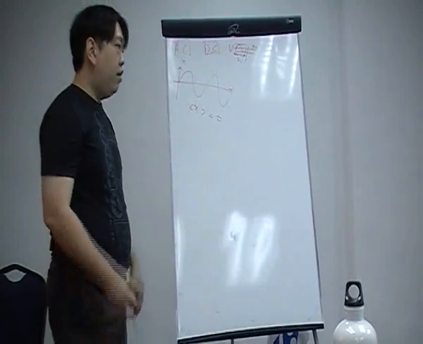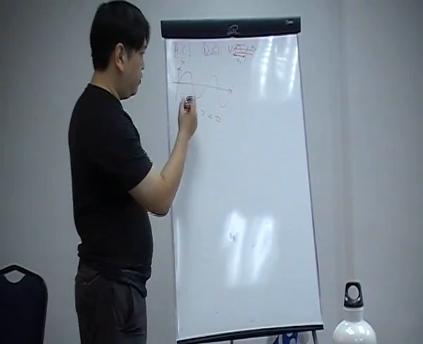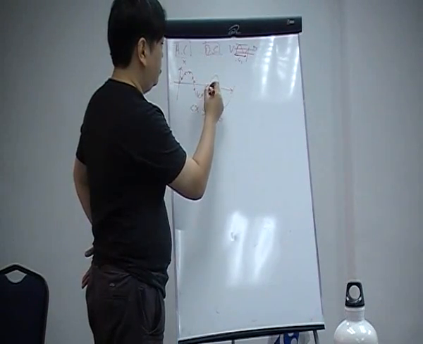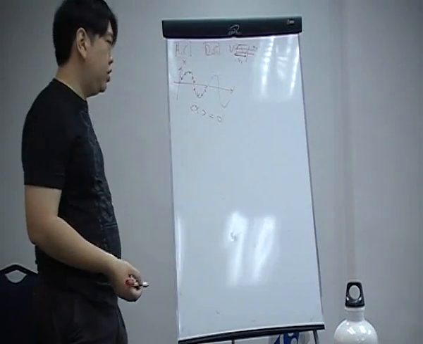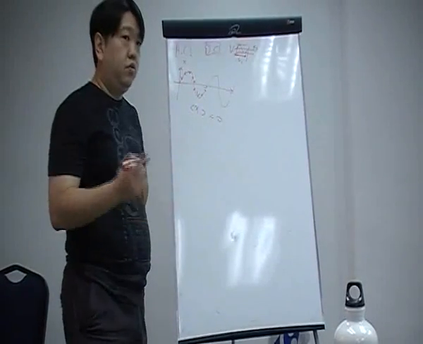So I want to find the average value. How do I find it? The first issue is that you don't want negative values cancelling the positive.